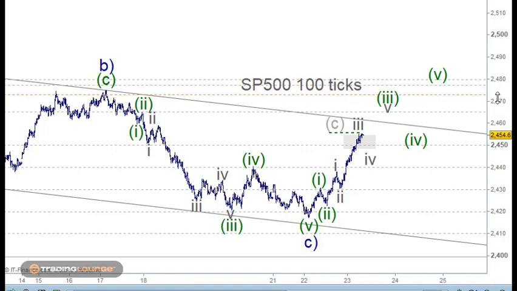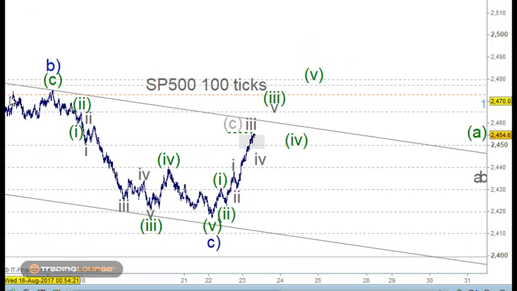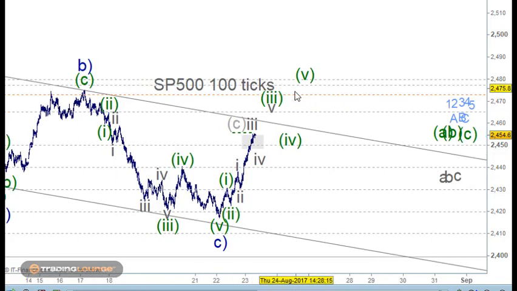So group 2 here would be your target before we get the ABC pattern in that area there. But if you're looking to get in on this now, then buying it back at 2445 or close to that would be what you'd be looking at to get up to wave 5, and then clearing out from that point, because there's going to be resistance at these old highs here for sure.